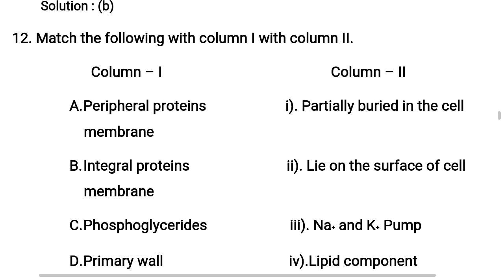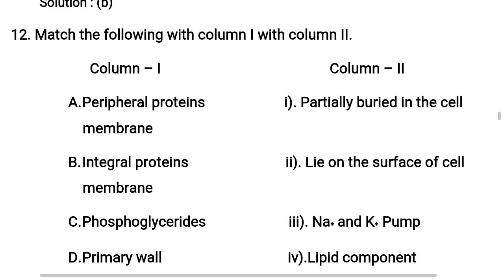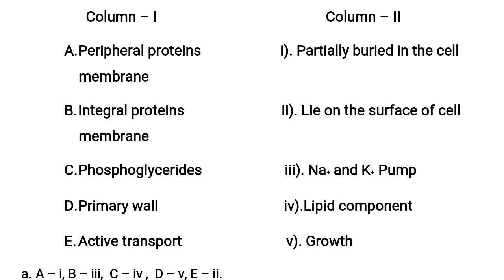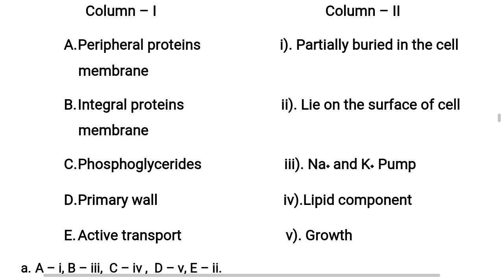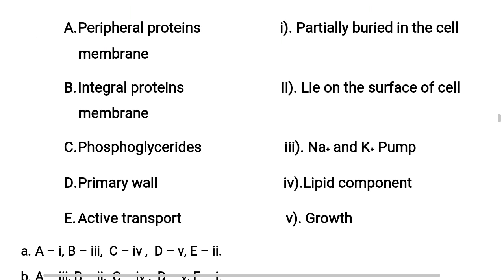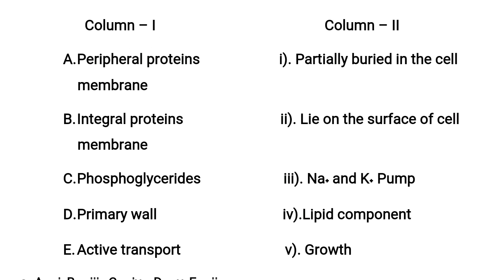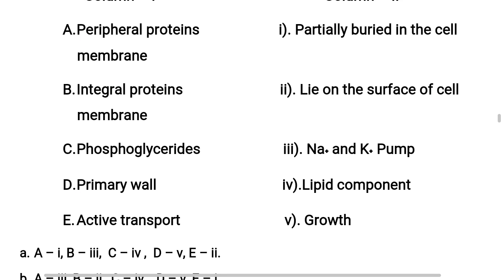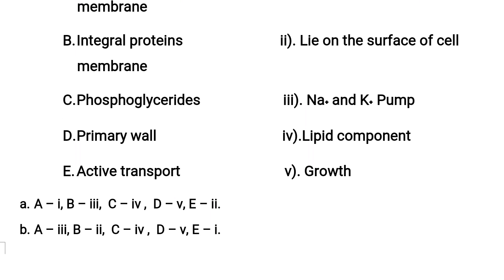Now coming to the 12th question, a matching based question. We need to match column 1 with column 2. Now let's see what is in column 1 and column 2. In column 1: A, peripheral proteins membrane. B, integral proteins. C, phosphoglycerides.